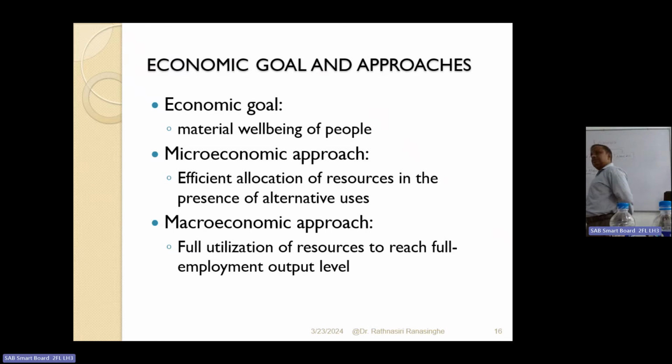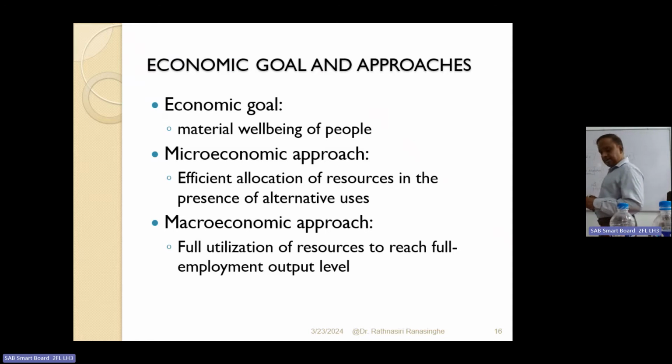The producer also maximizes his profit by utilizing labor and capital in an optimum manner, in such a way that minimizes the cost. So finally we talk about material well-being. In microeconomics we talk about the welfare aspect also, so that will be covered under the optimum allocation of resources.